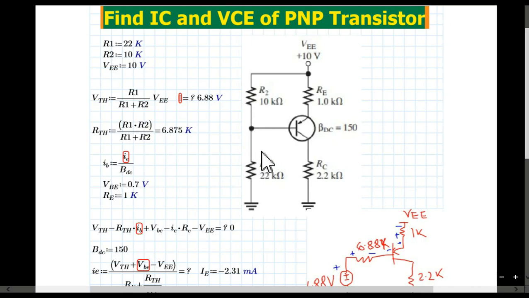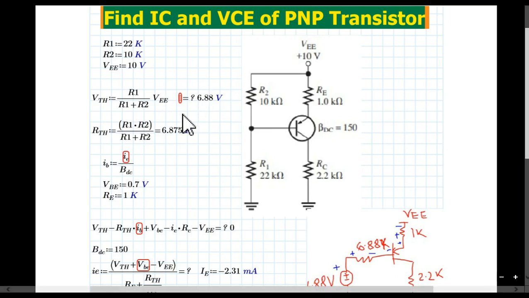The voltage across this resistance R1 is given by VTH, which equals R1 into VEE divided by R1 plus R2. You can see the current flows this way, through R1 and R2. If you put in the values 22K, 10K and 10 volt, you will get the VTH value 6.88 volt.